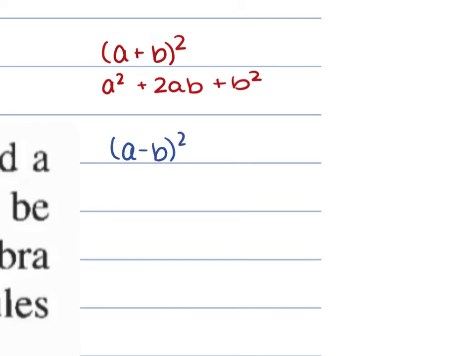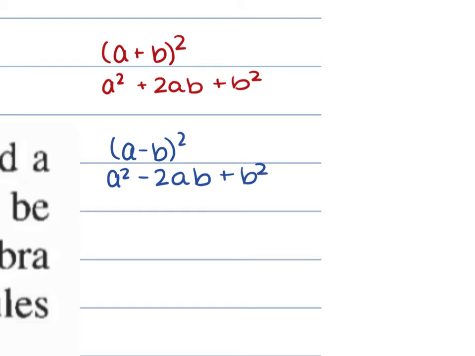You have a binomial that has addition that's squared. When you see a plus b squared, we're going to use the formula a squared plus 2 times a times b plus b squared. Then you have the difference binomial. So if you have a minus b squared, we can use a squared minus 2 times a times b plus b squared.